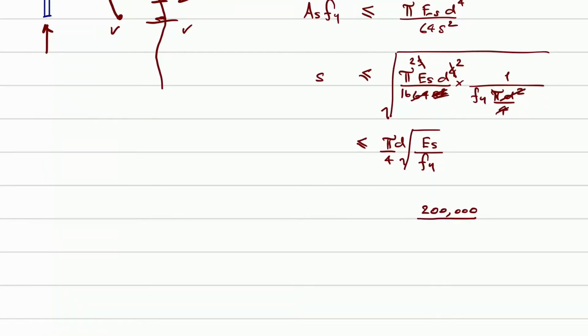Fy is 400 MPa. Okay, so we are in the same unit. Cancel. Up there is MPa already. So 5 turns out to be 500, right? Inside the square root is a square root of 500.